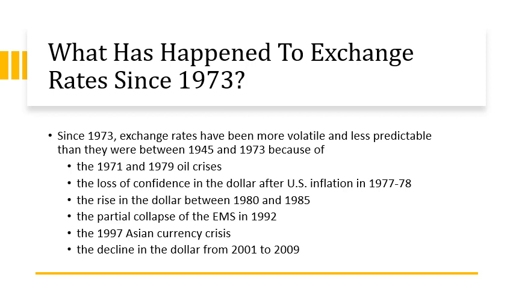Then once again, we saw a partial collapse of the EMS, the European monetary system, in 1992, and this collapse resulted in so many issues, and eventually they had to come up with their own mutually agreed currency, that was the euro.